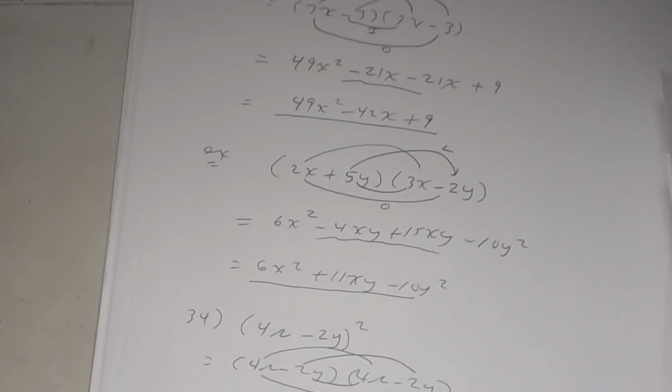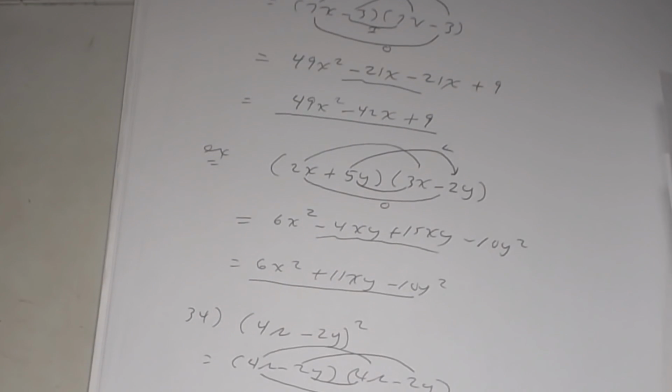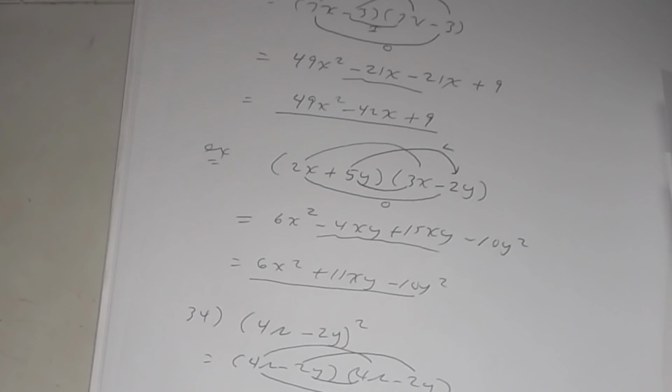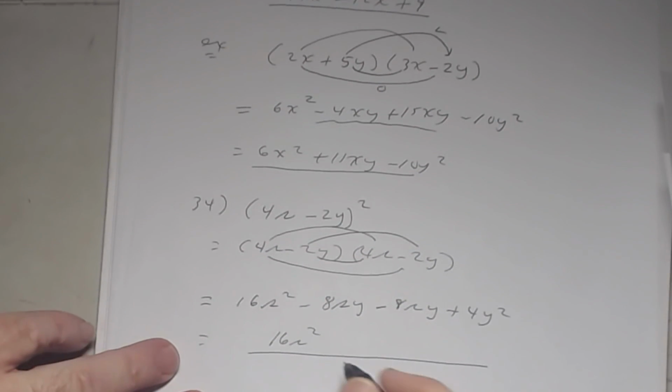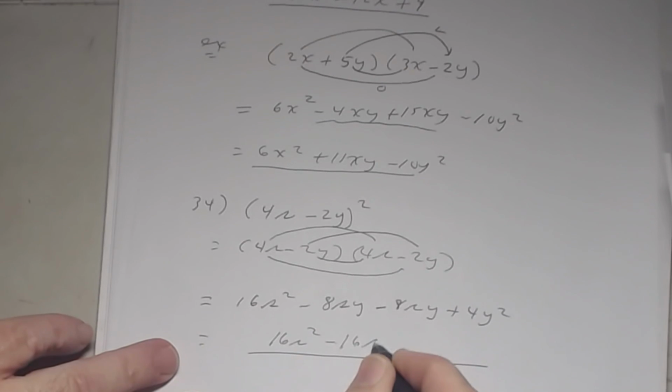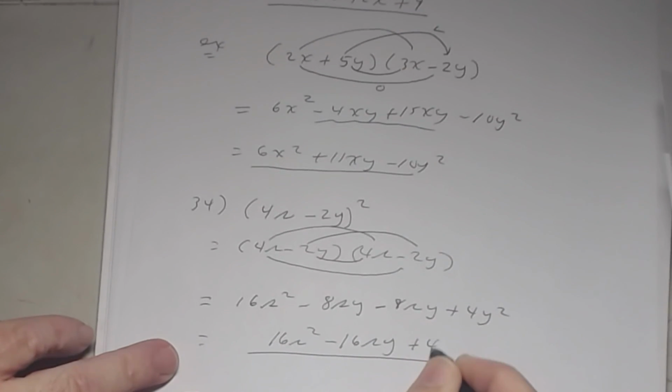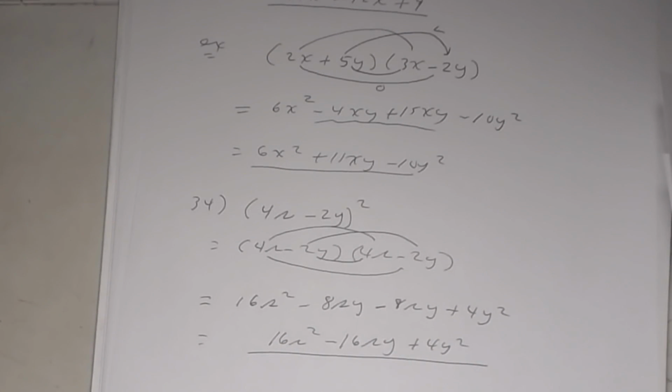All right, what's the negative times the negative? Positive. All right, 4y squared. All right, and so therefore your answer then will be what? 16s squared minus 16sy plus 4y squared. All right, so that's 34.